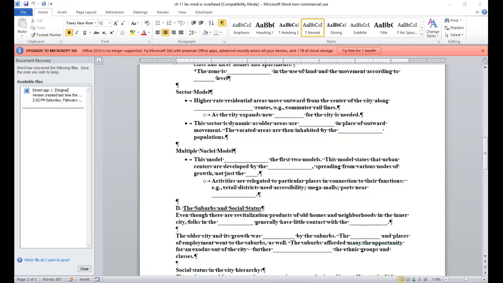So the older city and its growth was absorbed by the suburbs, and therefore the tax base and places of employment went out to the suburbs as well, and it afforded many the opportunity for an exodus to the suburbs, further segregating the ethnic groups and classes.